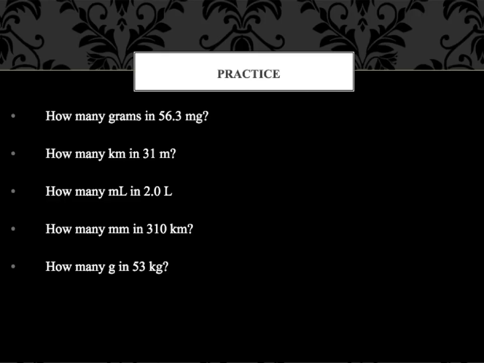Alright, so here's a little bit of practice for you. I'd like you to try these, okay? And I'll kind of start you off a little bit. And when you do these, I want you to use the method that I showed you. It's going to be very helpful if you can use and understand that method. Okay, so to give you something to start off with, the grams to milligrams, right? Well, here's going to be our conversion factor, right?